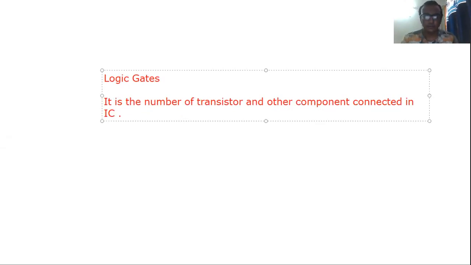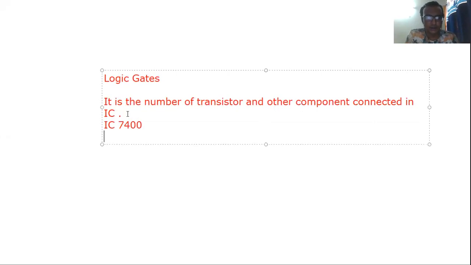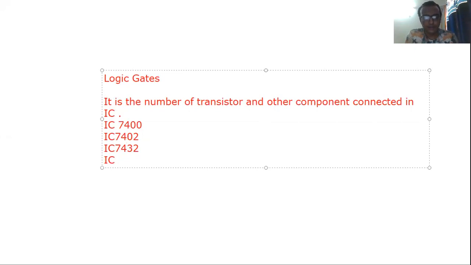Now, based on the IC, say IC 7400, IC 7402, IC 7432, IC 7408. This is a different number which indicates the different logic gates. I will explain this in the last portion of my lecture.